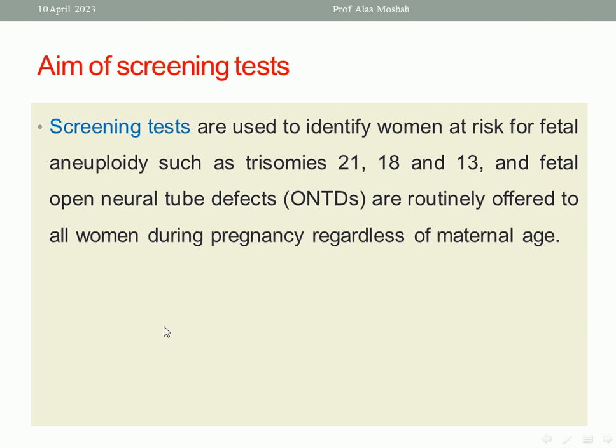Okay, aim of screening test. Screening tests are used to identify women at risk of fetal aneuploidy, such as trisomy 21, 18, and 13, and the fetal open neural tube defect. They are routinely offered to all women during pregnancy, regardless of maternal age.